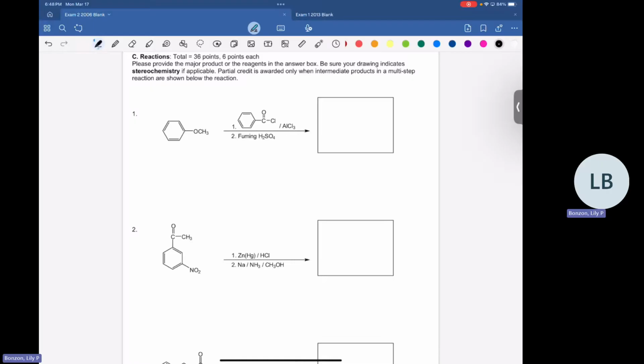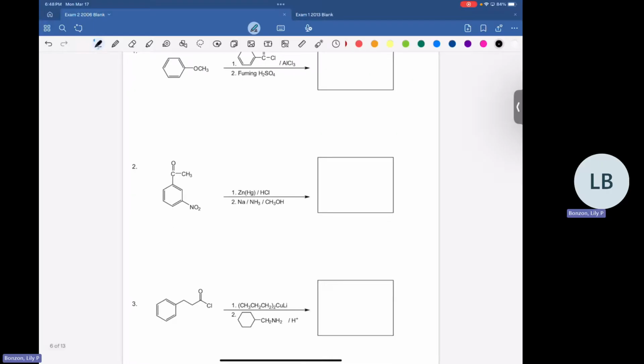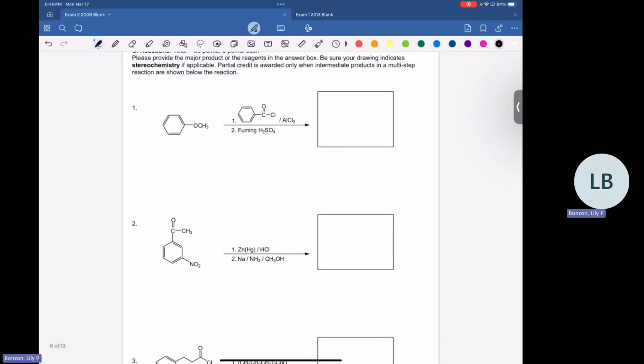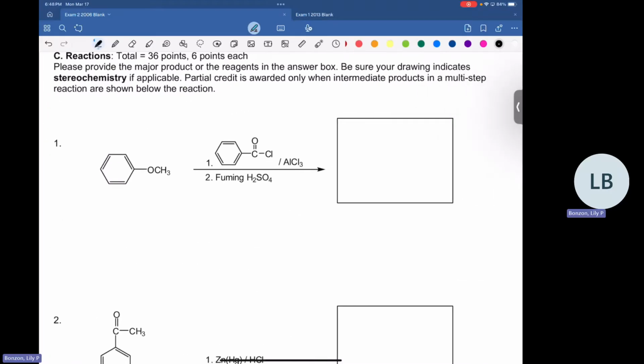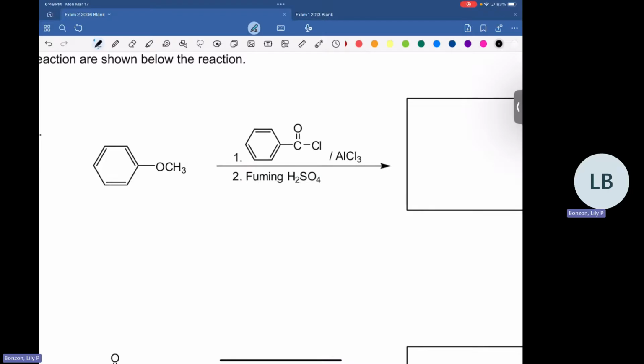So this exam didn't have a Diels-Alder, but I included one at the end, so we'll go over that, but we'll just get started. So we have a OCH3 group, we have a benzene and a acyl chloride. So this one is going to be Friedel-Crafts acylation.